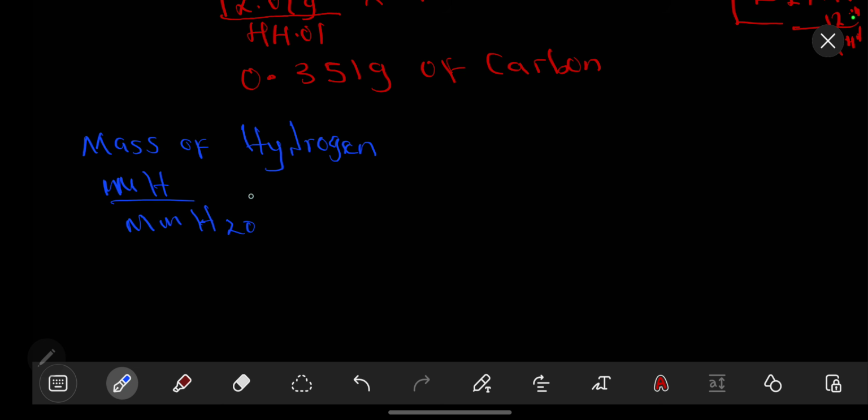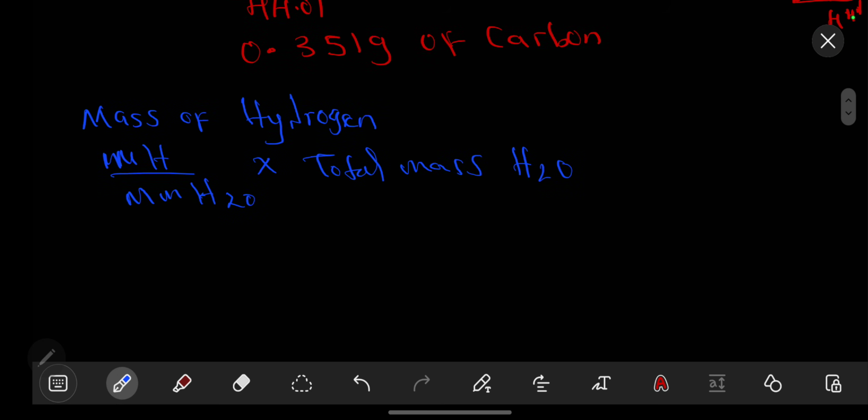Then we are going to multiply this value times the total mass over H₂O. That is the actual mass, just as we did last time. In water, you will realize that water is made up of 2 parts of hydrogen. So this 2 needs to be taken into account. So this is 2 times the mass of hydrogen, 1.01.